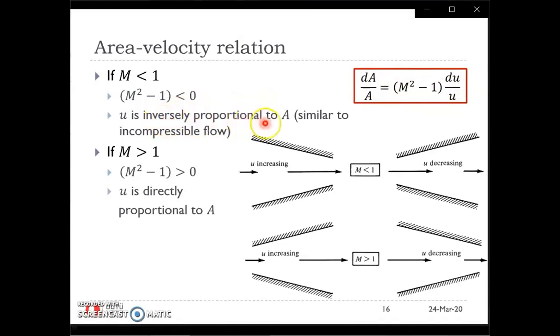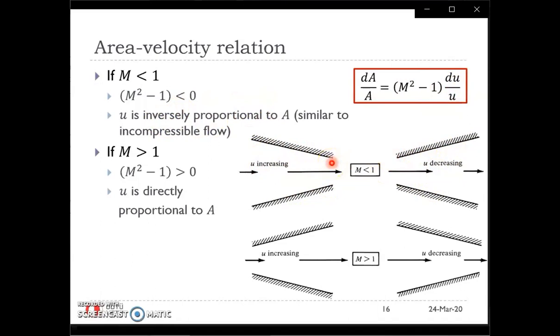So u is inversely proportional to A. As you can see in the sketch, an area decrease means velocity increasing, and an area increase means velocity decreasing. So they are inversely proportional.